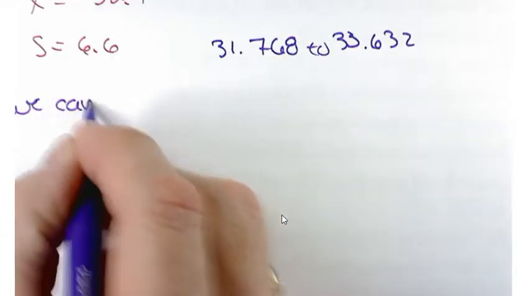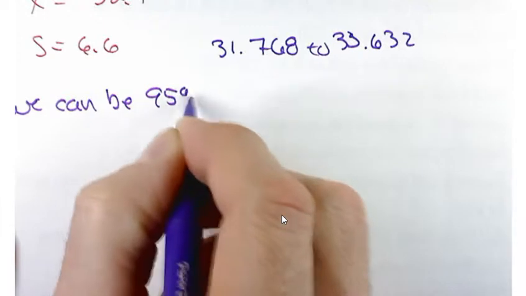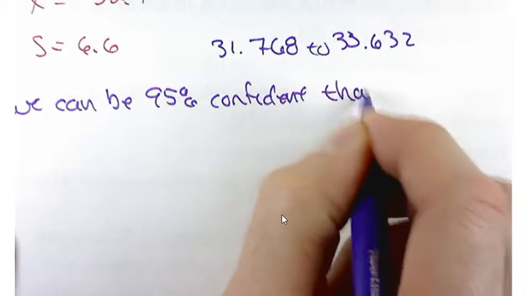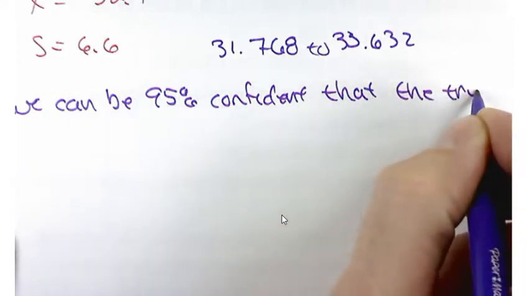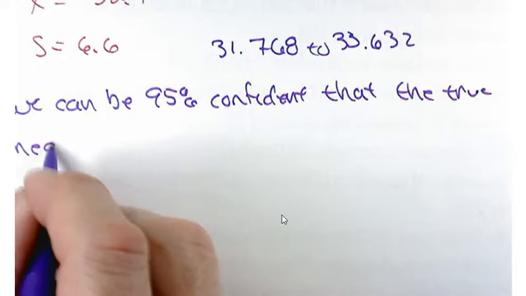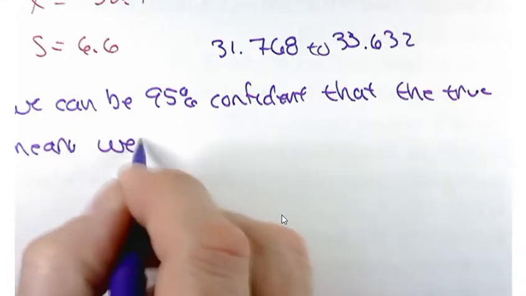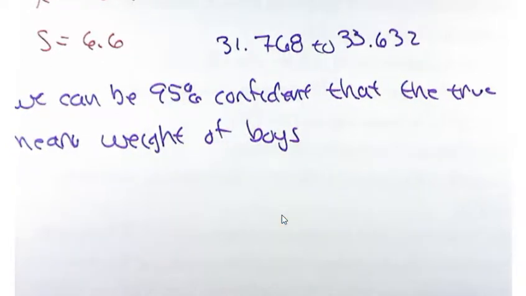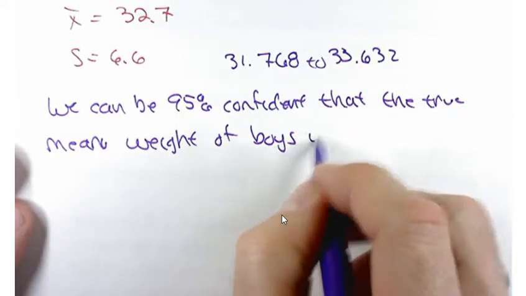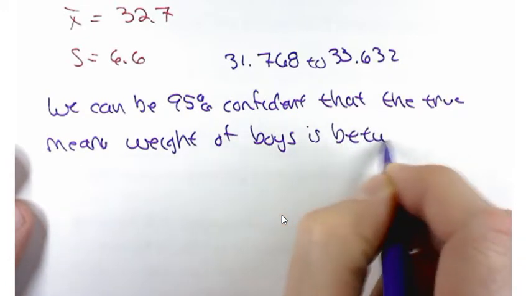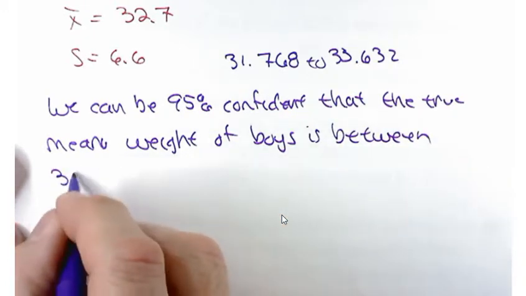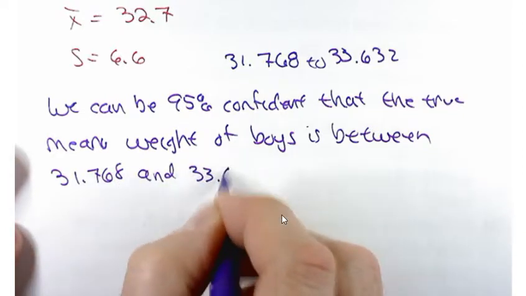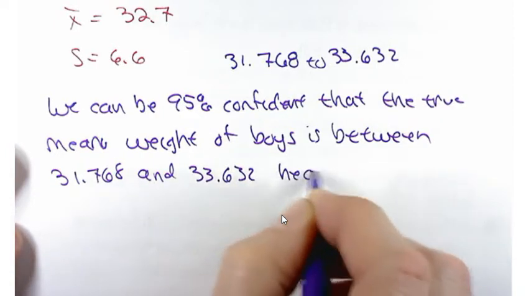We can be 95% confident that the true mean weight of boys at birth is between 31.768 and 33.632 hectograms.